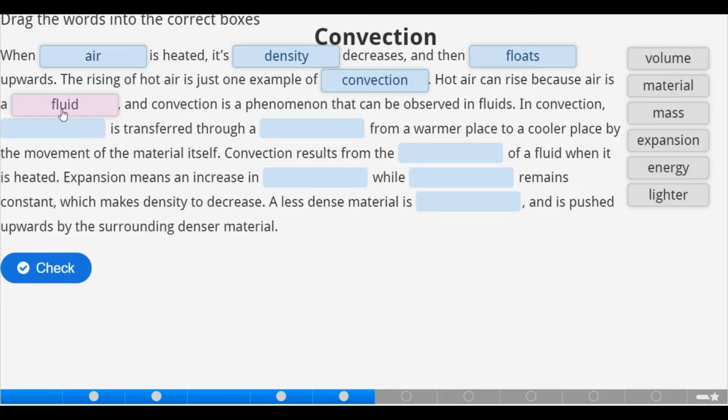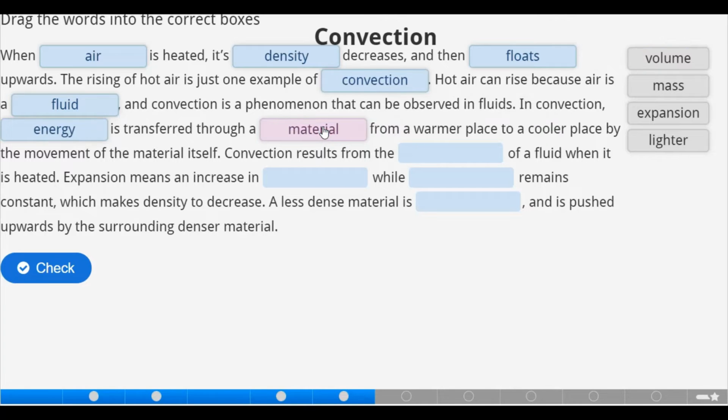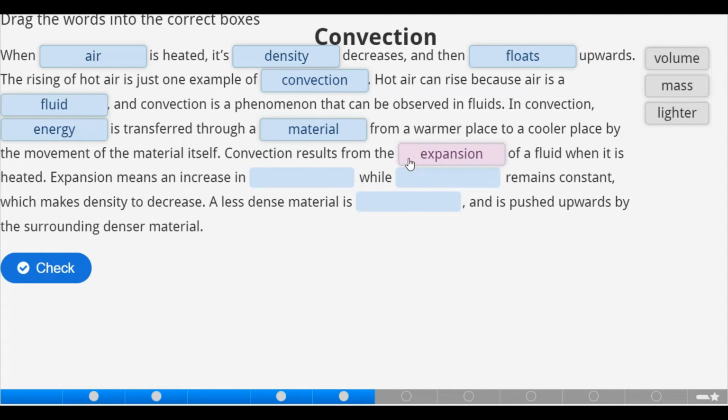In convection, energy is transferred through a material from a warmer place to a cooler place by the movement of the material itself. Convection results from the expansion of a fluid when it is heated.